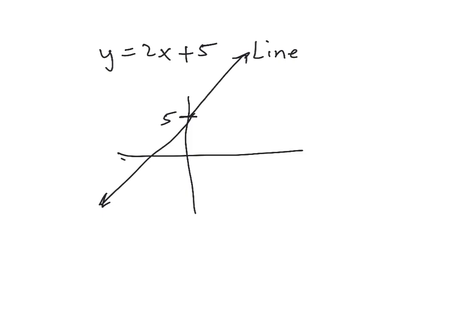I want to focus on the x-intercept right there. Of course, at the x-intercept the y value is 0, so you can probably solve it in your head. Subtract 5, divide by 2. So the x-coordinate right here, the intercept, is negative 5/2.